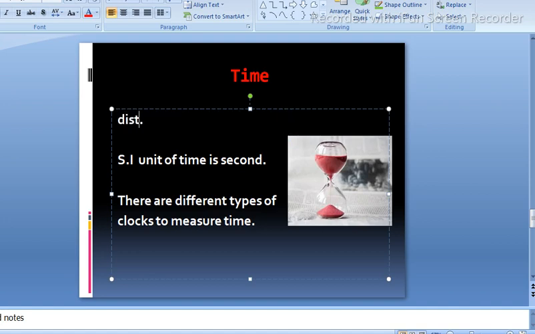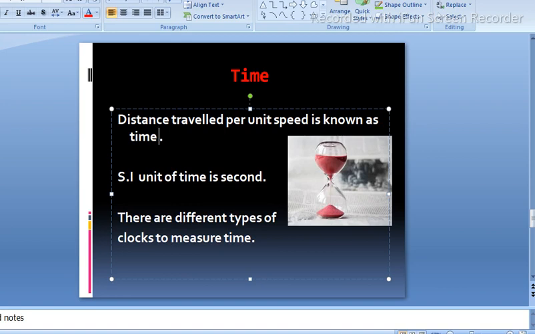Time is the interval in which distance is traveled, and its SI unit is second. There are different types of clocks to measure it that we have already covered, right?